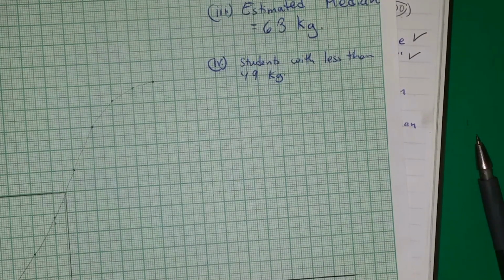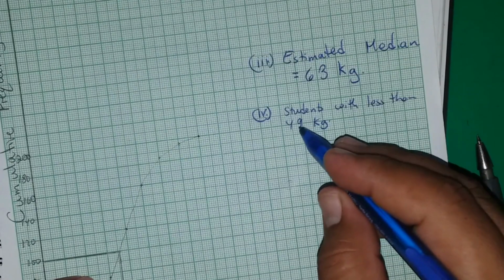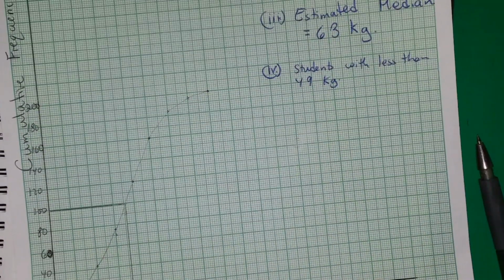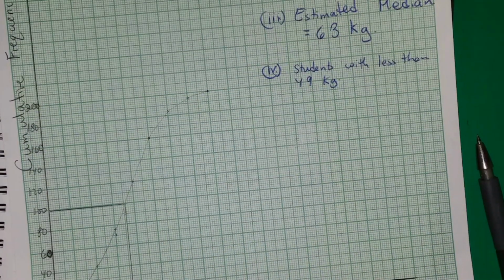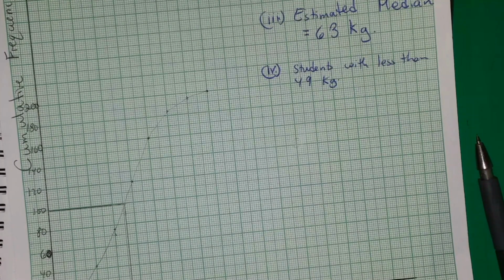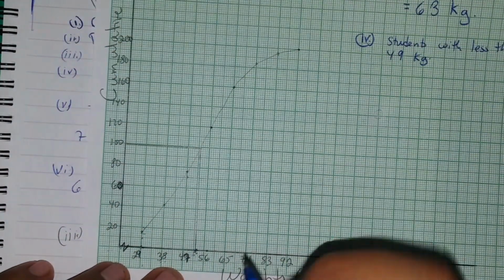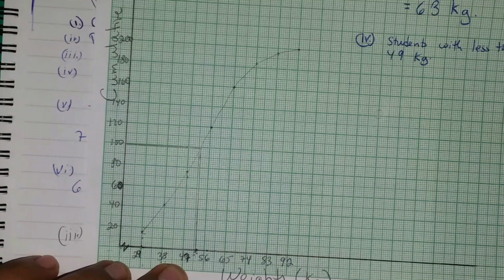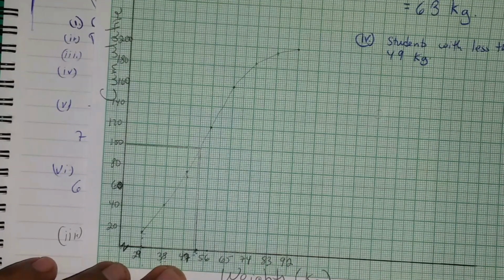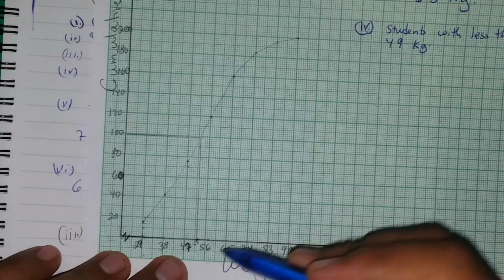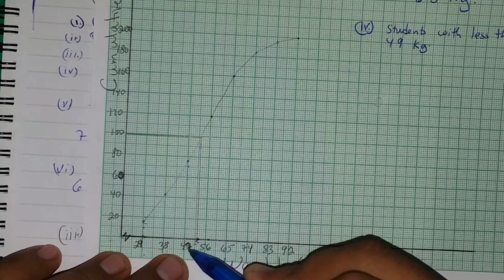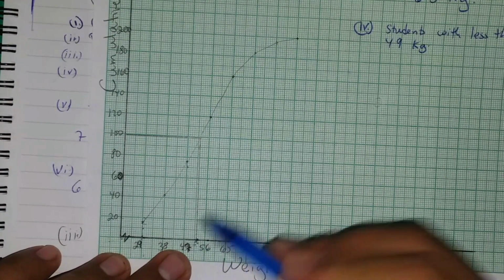Here we go. Less than 49 means that we want 48 kilograms and less. So what I'm going to do is find 48 kilograms, go up and across, right? Here, notice that I have 47. I want 48.